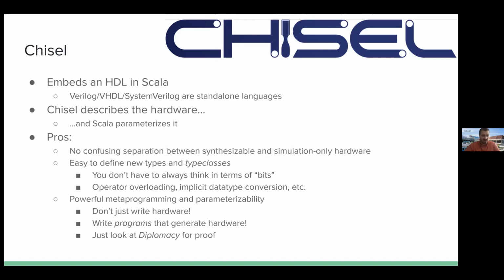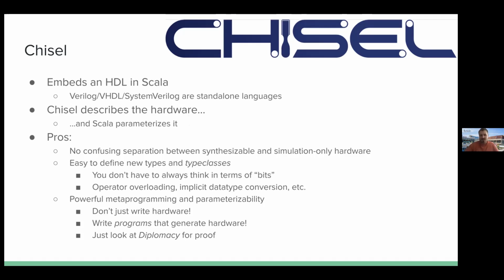With Verilog, VHDL, or SystemVerilog, your compiler reads a Verilog file directly. With Chisel, you can think of it more as a library implemented in Scala to help you describe hardware using a general purpose language. The main insight behind Chisel is that you use this Chisel library to describe your hardware, and then you use the full power of this general purpose language to parameterize your hardware across lots of different designs.